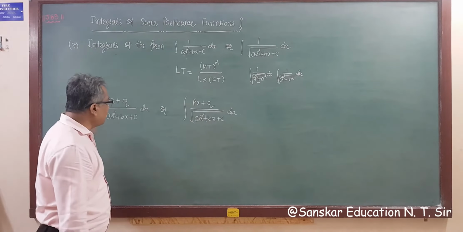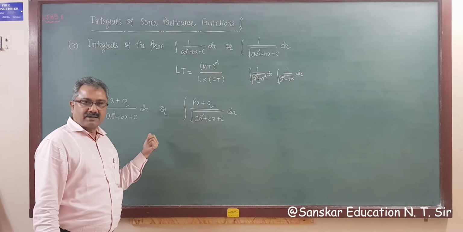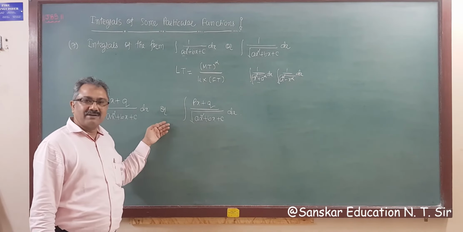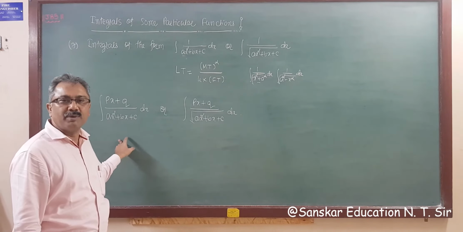So find out these types of integrals. These all are methods, right? While we are going to solve questions, we have to apply all these methods. So you have to remember, right?